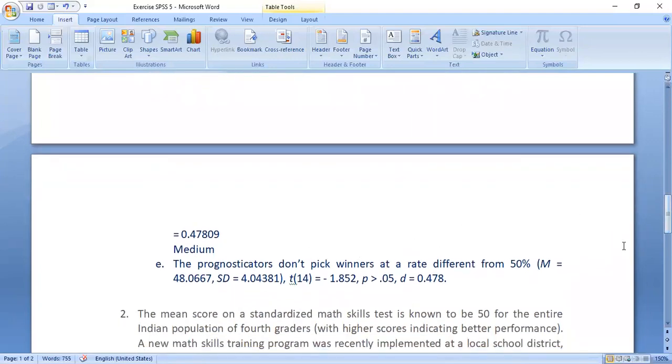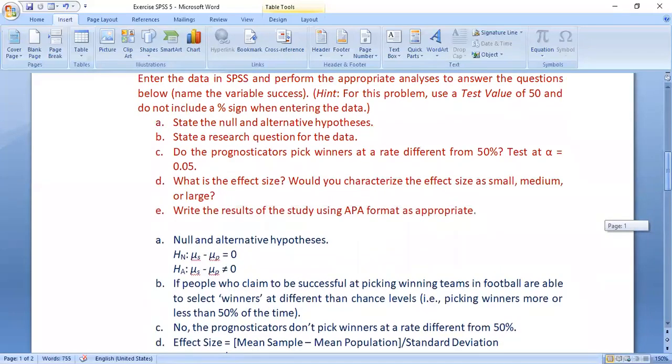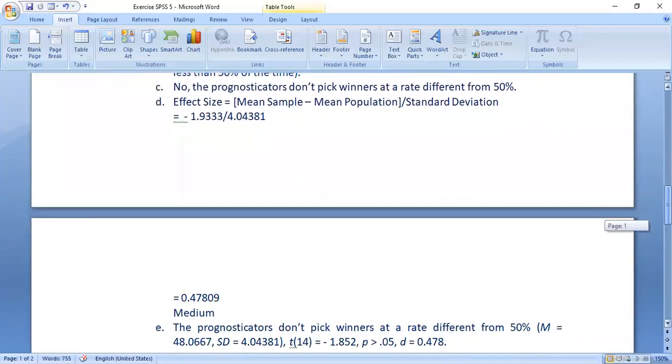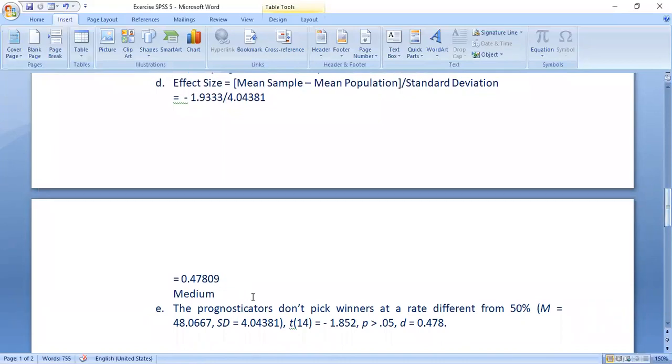Therefore, if you look at the d value, the effect size is medium. And lastly, coming to question number 5: are the results of the study in APA format? So that's the result. The prognosticators don't pick winners at a rate different from 50%. M, the mean of the sample, is 48.0667. Standard deviation is 4.04381. t at 14, so the degree of freedom is 14, is minus 1.852. The value of significance is greater than 0.05.